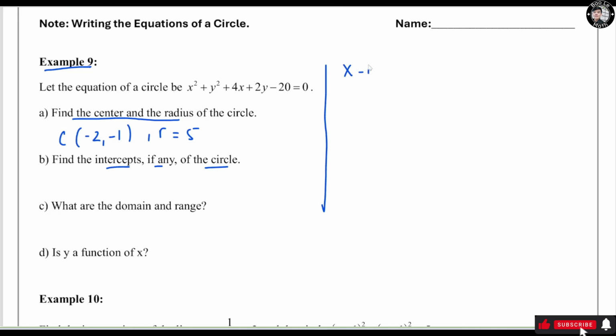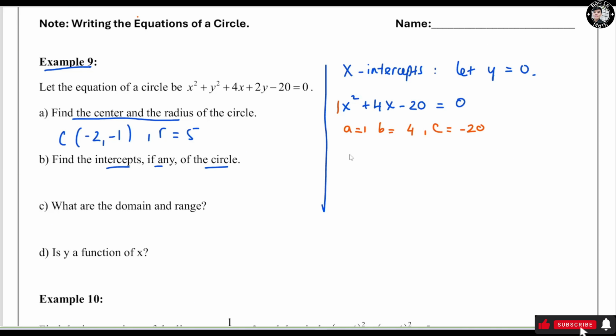Now x-intercept, we just let y equals 0, right? Substitute over here. So we have s squared plus 4s minus 20 equals 0, right? Now we need to use the quadratic formula since we cannot factor this one, right? So a equals 1, b equals 4, c equals negative 20.